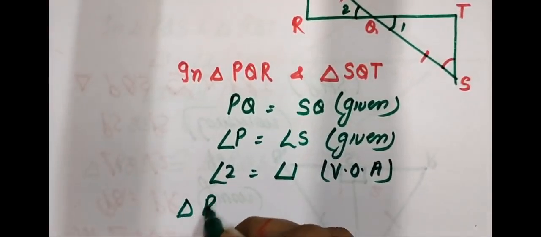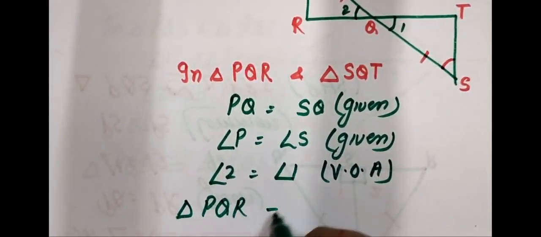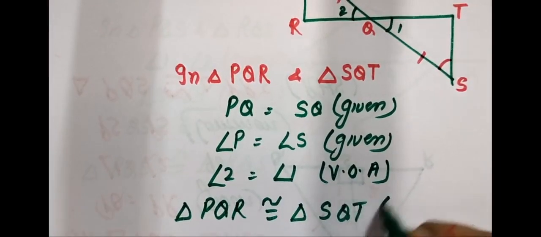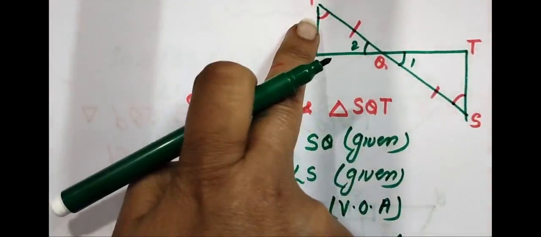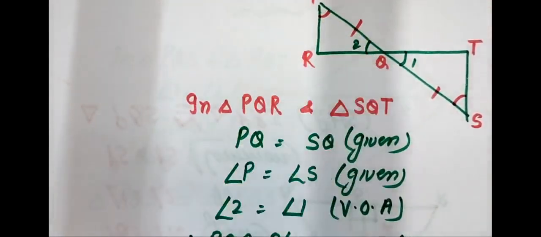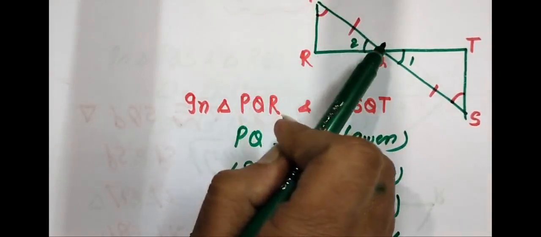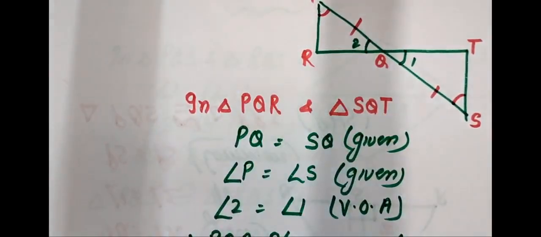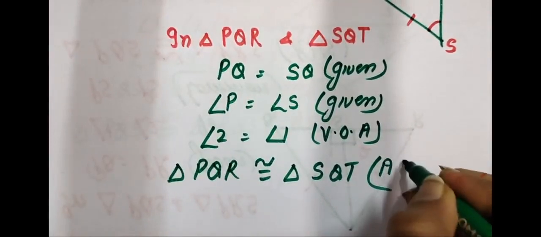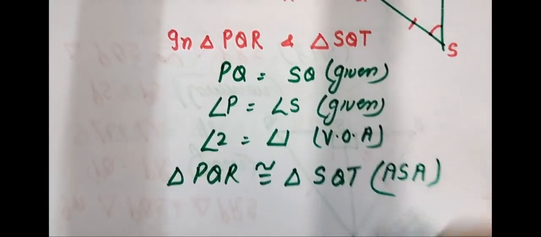But which criteria have I used here? In triangle PQR and SQT, this angle I have written is equal. After that, this side and this angle. So I have taken this side and both the angles on that side. So here we can write angle, side, angle.